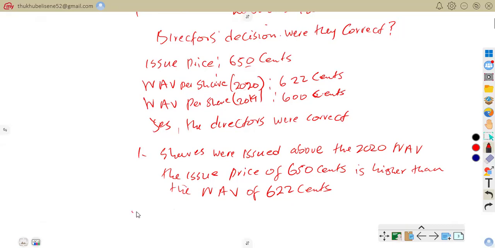So the second reason that we can give is that the NAV, net asset value, increased from 2019 to 2020.